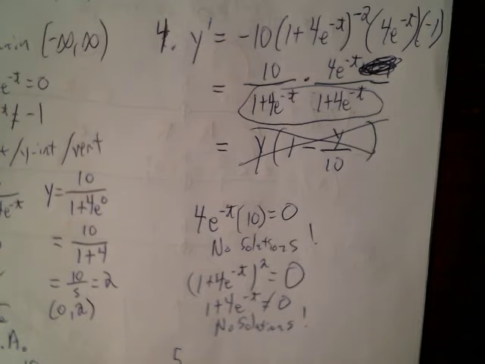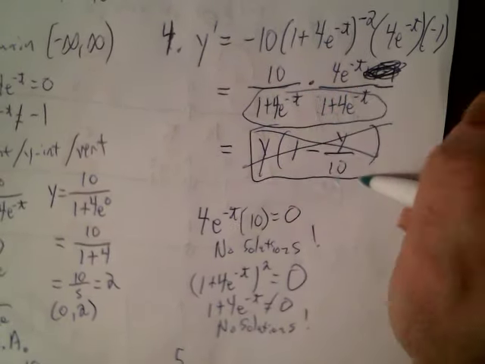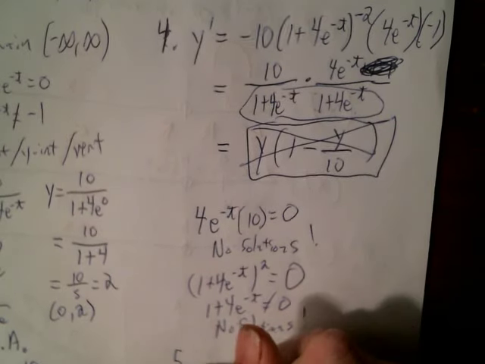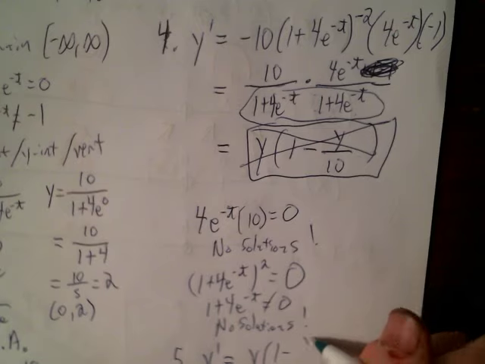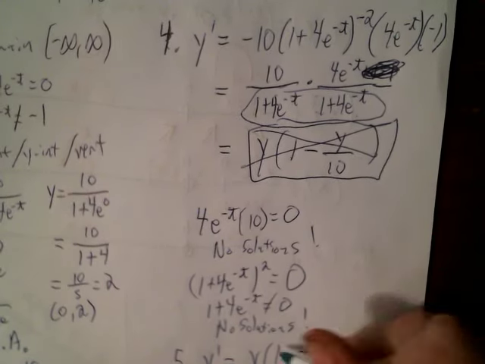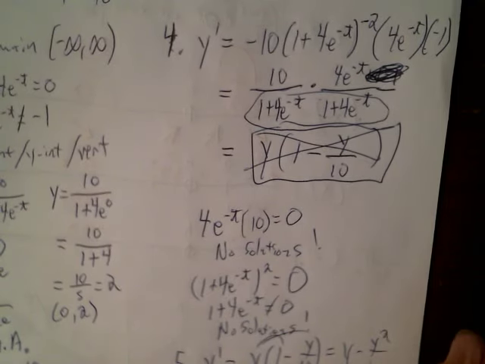No, on second thought, no, let's not. Let's take the derivative of this thing, okay? And we could do that implicitly. So if y prime equals y times 1 minus y over 10, we could distribute this and say that's the same as y minus y squared over 10.